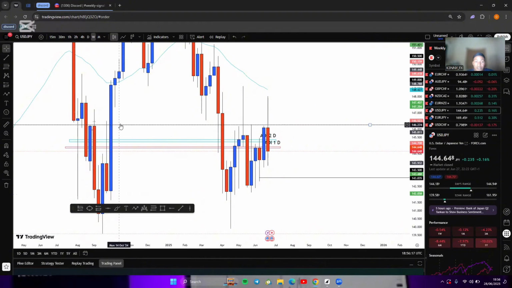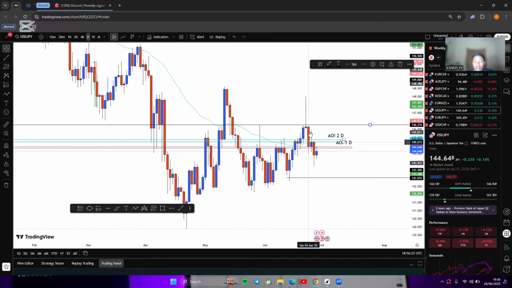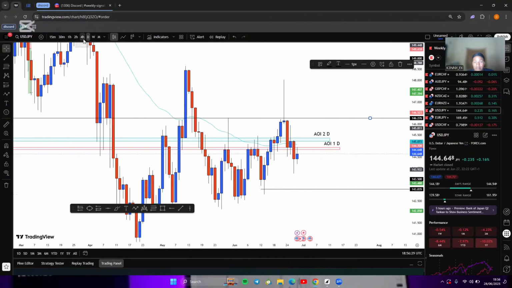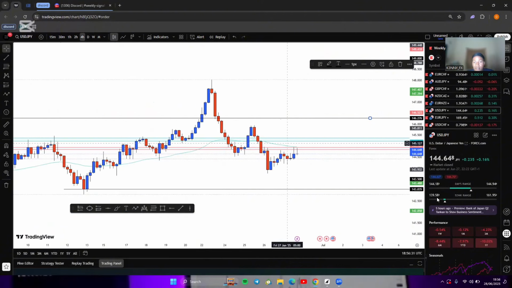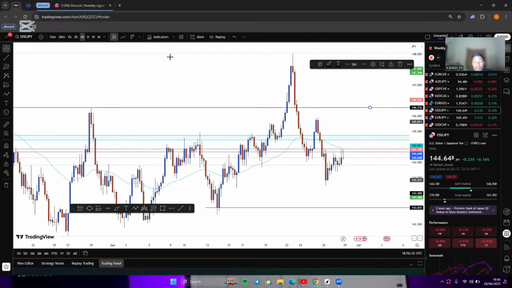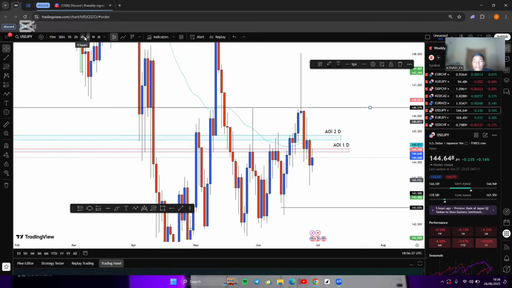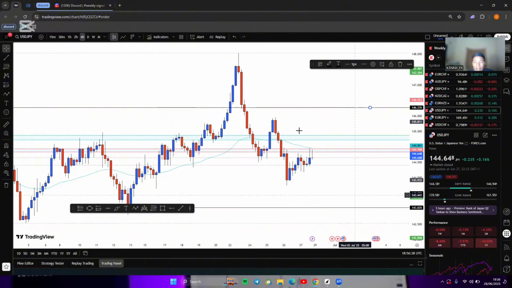This line is a weekly area of interest, and we had a daily bearish engulfing after the weekly area of interest. That's one thing that made me like it more. So I'm also looking for a continuation on this pair. I think that is that.